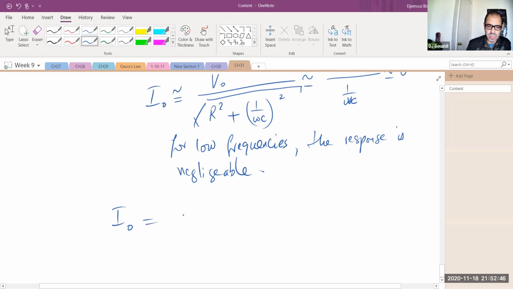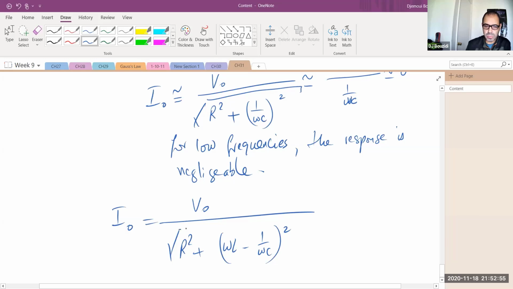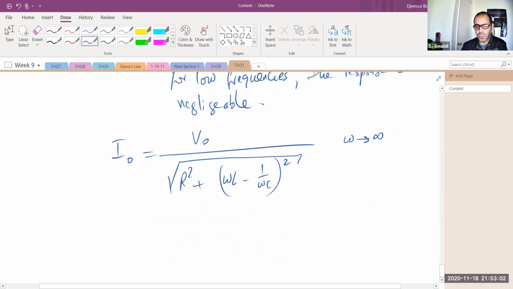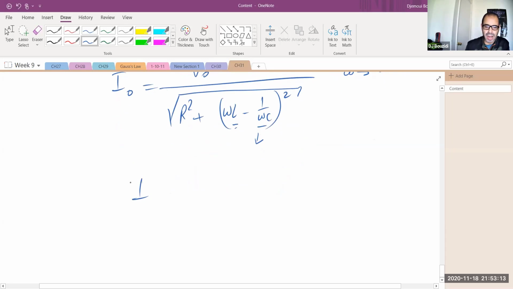I naught is equal to V naught under the square root of R squared plus omega L minus 1 over omega C squared. Now we're taking omega super large. When omega is super large, this term becomes 0. 1 over a huge number is 0. This will dominate the expression. The inductor will dominate. So in this case, I naught will be simply equal to V naught over square root of R squared.